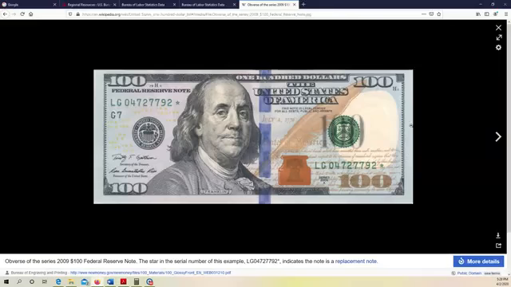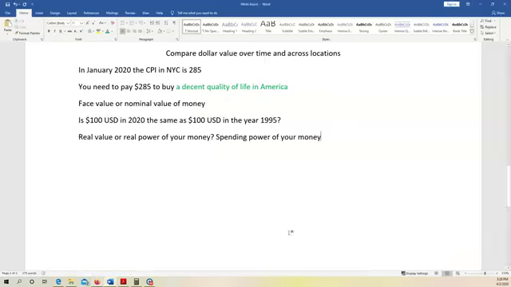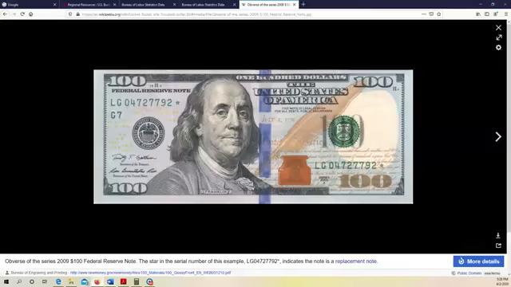For example, in Houston, Texas. How powerful is your $100 bill in Houston, Texas? We can get it here. For example, you have $100, and we divide your face value, the face value of money, by the consumer price index in Houston, Texas.